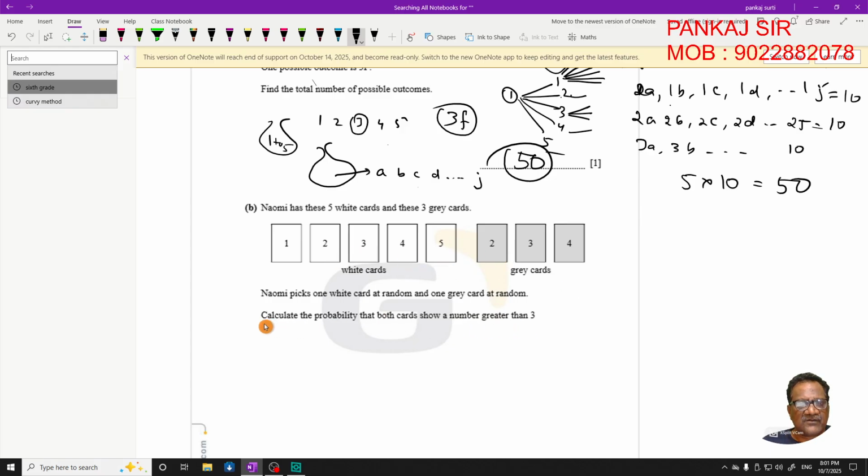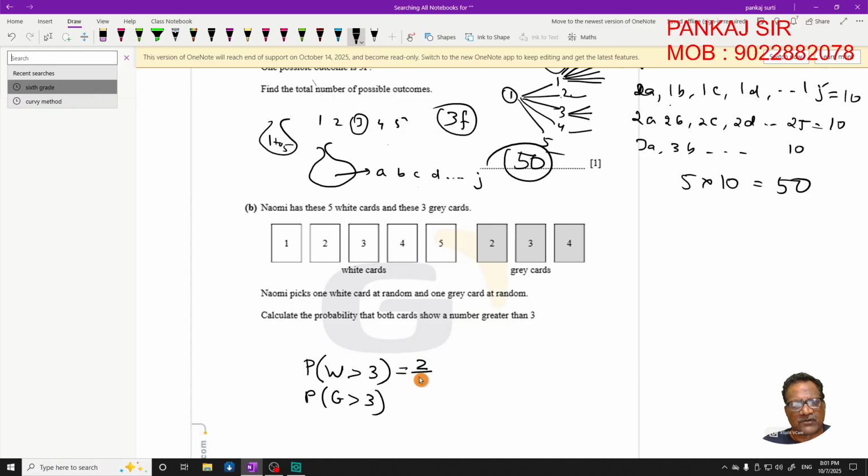Calculate the probability of both cards showing a number greater than 3. So what is the probability of the white card being greater than 3, and the probability of the grey card being greater than 3? We are going to first find these two. In the white cards, the numbers greater than 3 are 2 numbers, 4 and 5.